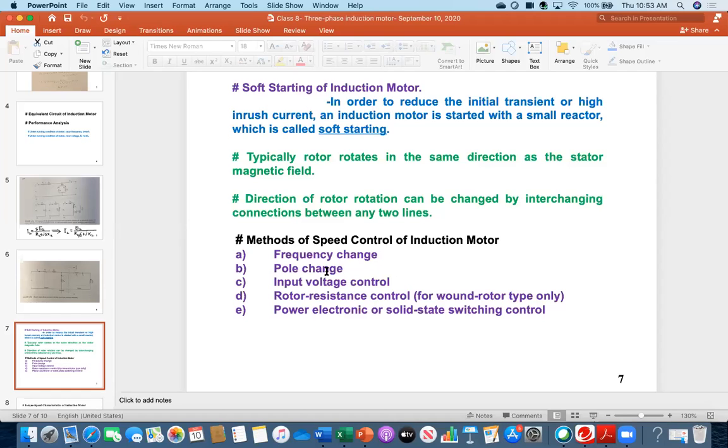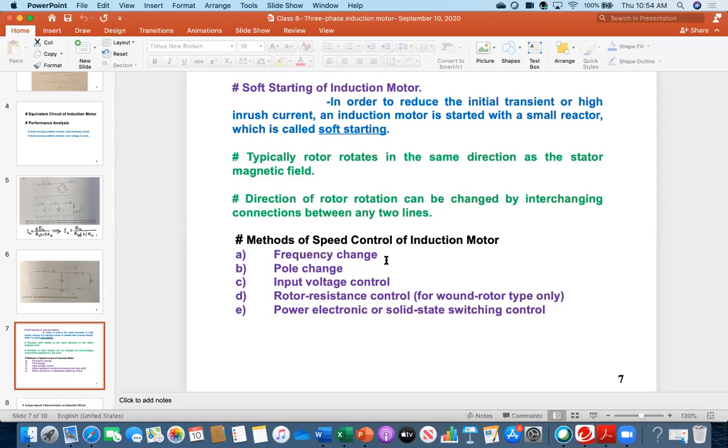If you can change frequency or the pole number, then your speed will change, because ns = 120f/P is the speed of the stator magnetic field, and that is the governing factor to drive the rotor shaft ultimately. If there were no magnetic field at the beginning of the operation, there would not be any voltage build-up in the rotor circuit, no current, no torque, no interaction, no motor rotation.